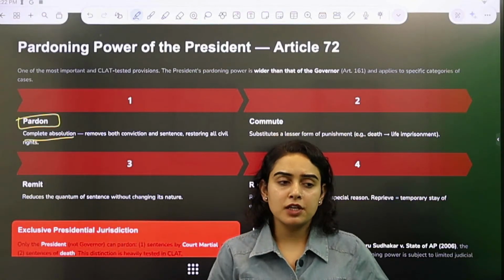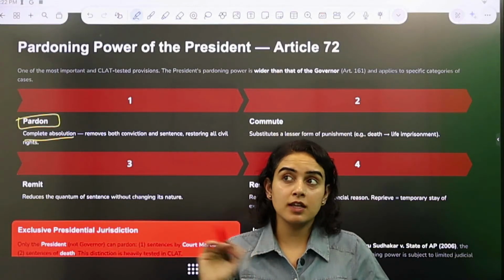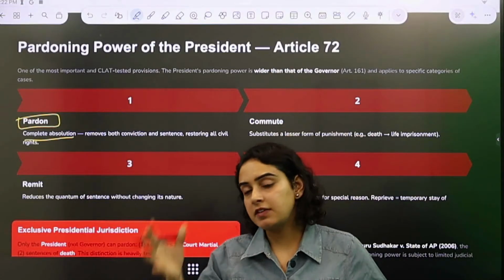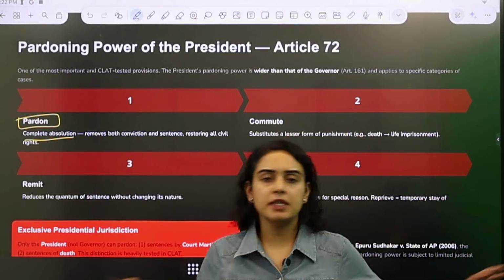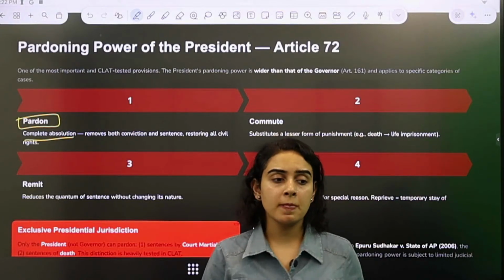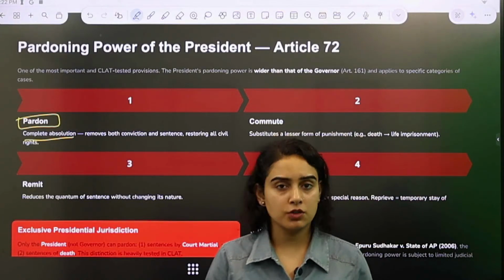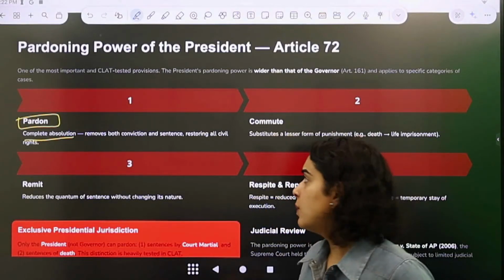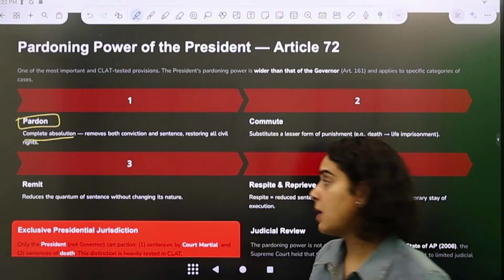The culprit who was otherwise supposed to serve a sentence of maybe 5 years or 10 years is now completely free. He does not have to serve even one day in jail. Secondly, he does not even have to pay for any crime. So basically every charge is disposed of. It's equivalent to acquittal. That's pardon.